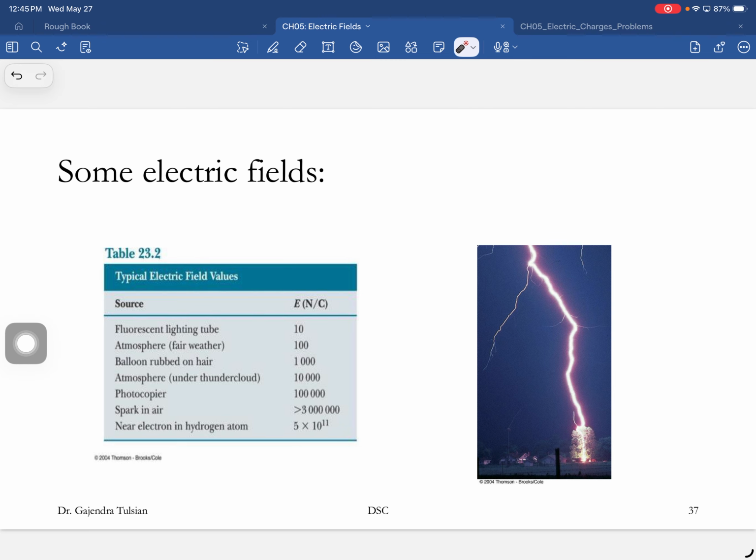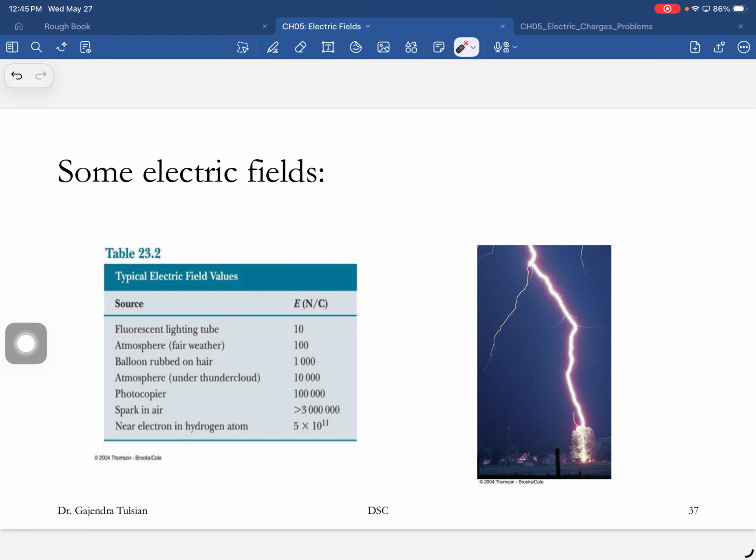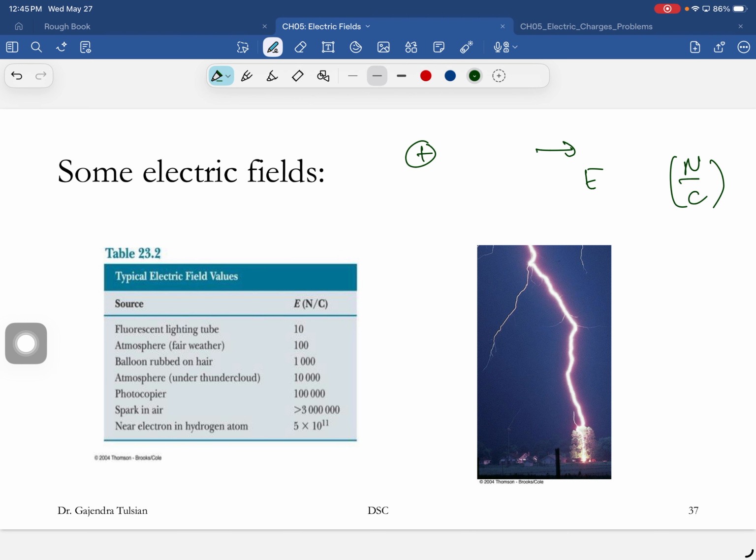Now, what will produce an electric field? Charges produce electric fields. Electric fields are measured in units of Newton per coulomb.